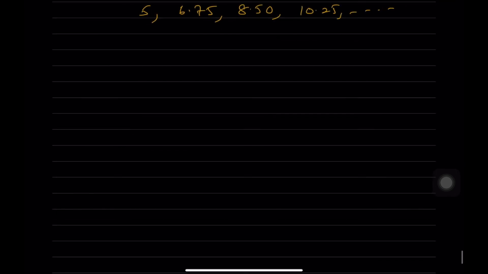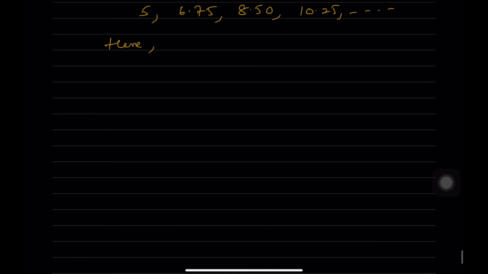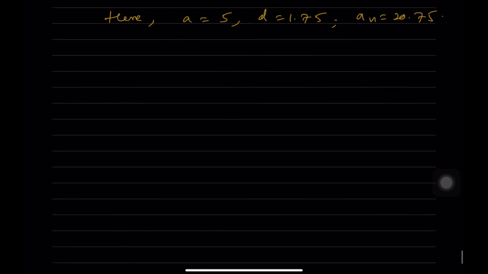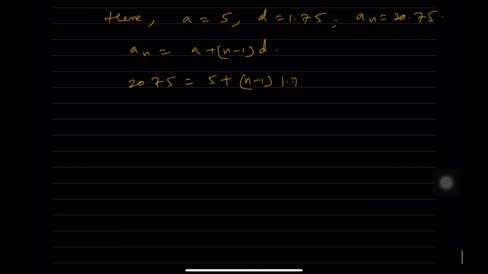So here you are having A is equal to 5, D is equal to 1.75, or Tn or An is equal to 20.75. So we know that An is equal to A plus n minus 1 into D, that is 20.75 is equal to 5 plus n minus 1 into 1.75.